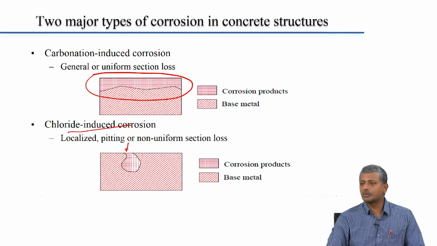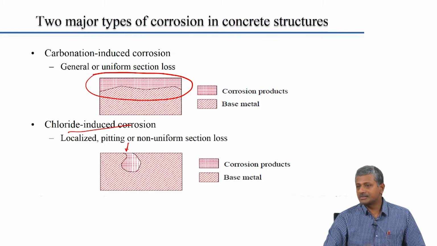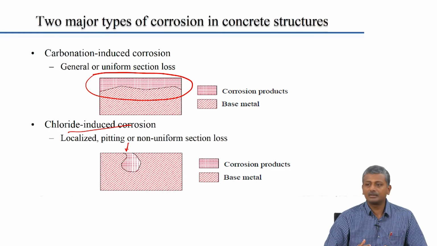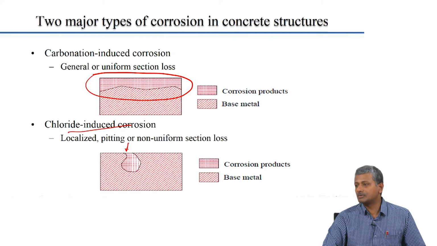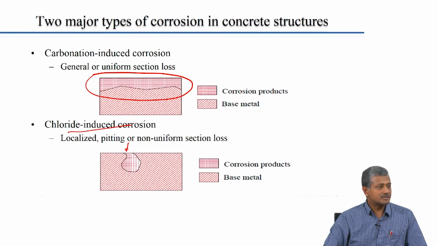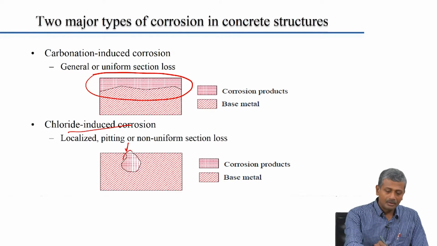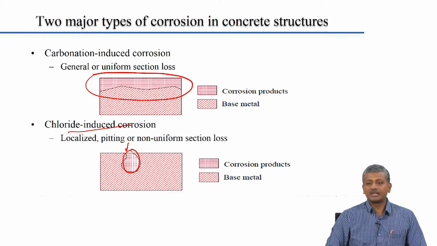We know that chloride is not going to diffuse uniformly, it is only going to come in where there is a substantial concentration gradient, where there is an interconnected network of porosity available, and so on. And again, the nature of the reaction of chloride with the passivating layer that forms on the steel surface is such that a pitting type corrosion happens when chlorides attack the concrete.